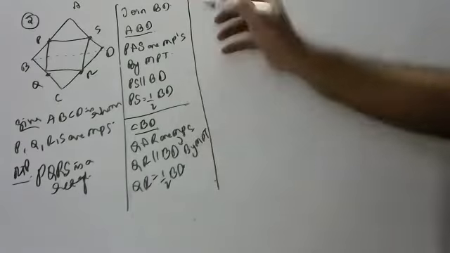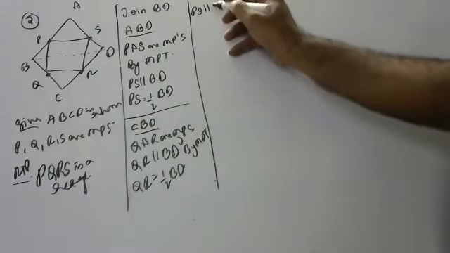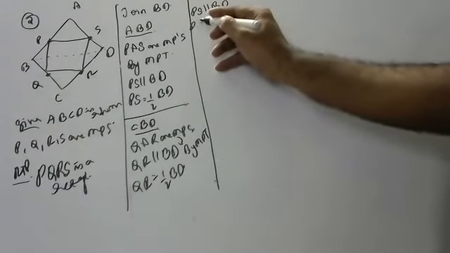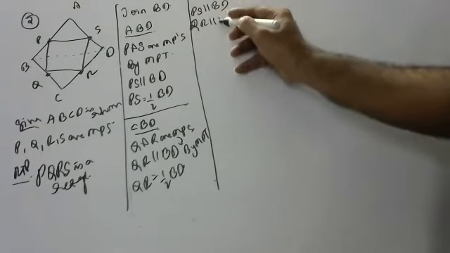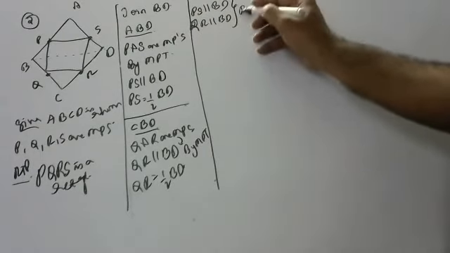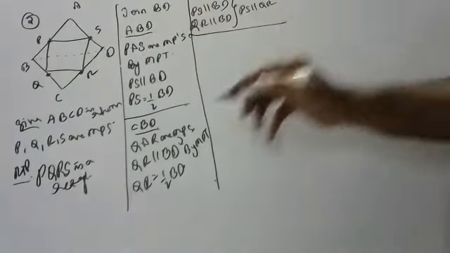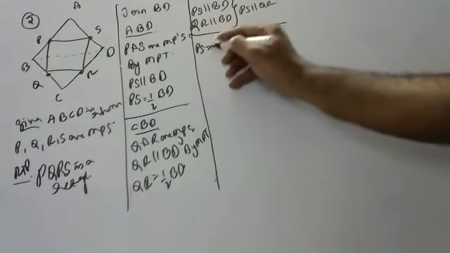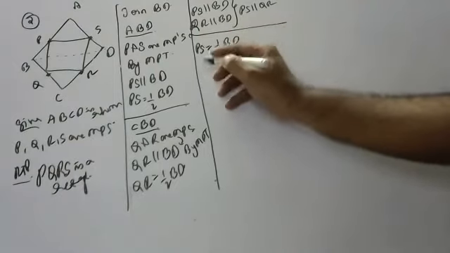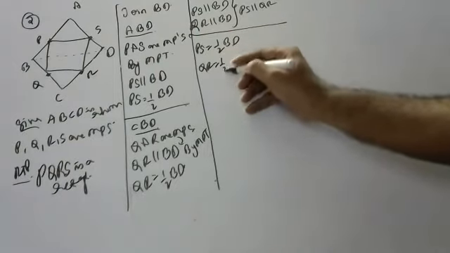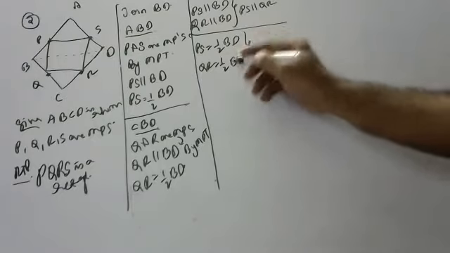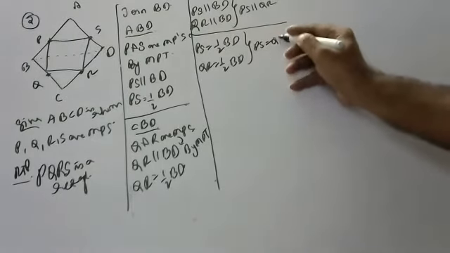Now, same, children. PS is parallel to BD and QR is also parallel to BD. So I can say PS is parallel to QR. Those who did not understand, again I'm saying PS is half of BD and QR is also half of BD, so PS is equal to QR.